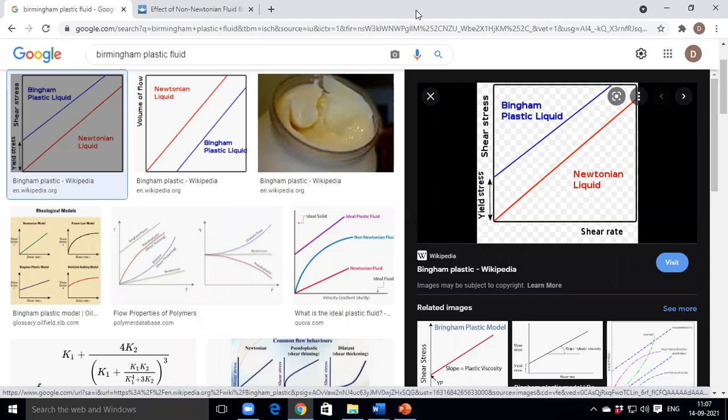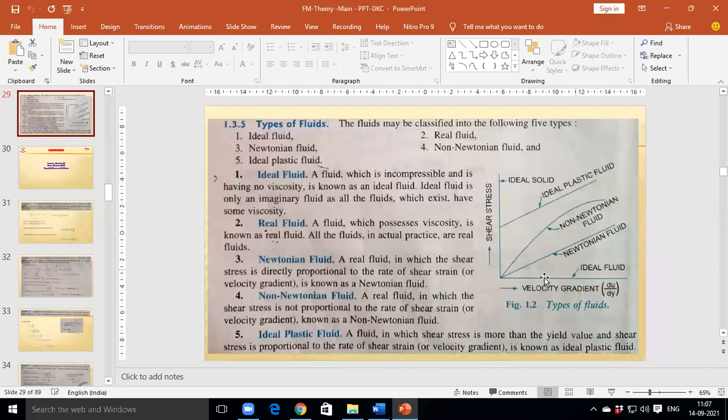Just keep in mind how many types of fluid there are: six types. First one is real fluid. Tell me, anyone, Shrutika. Tell me the six types of fluid.